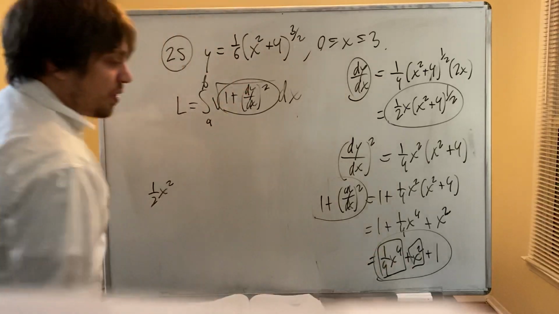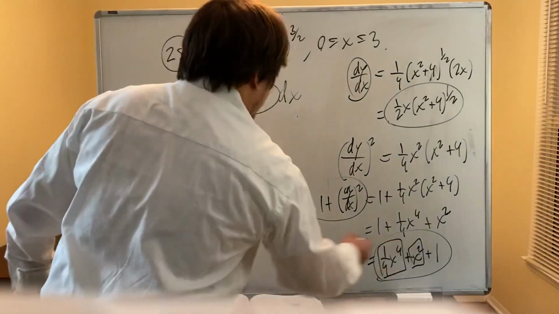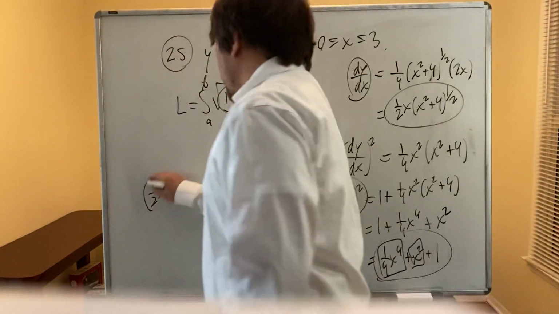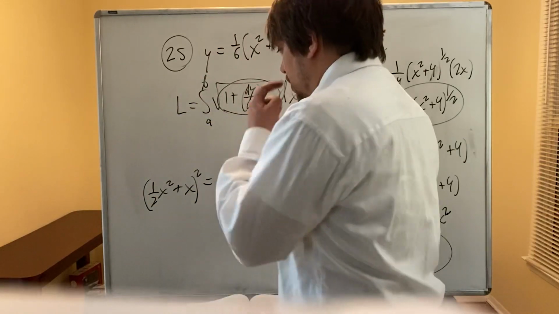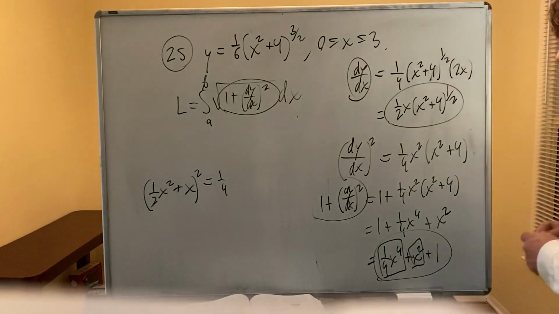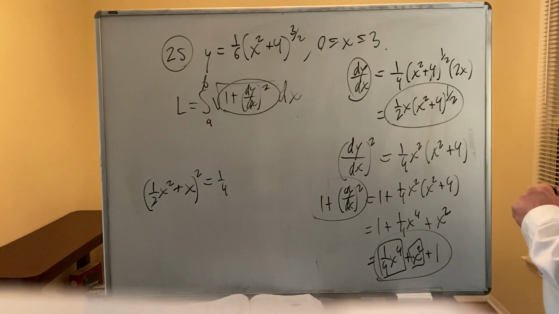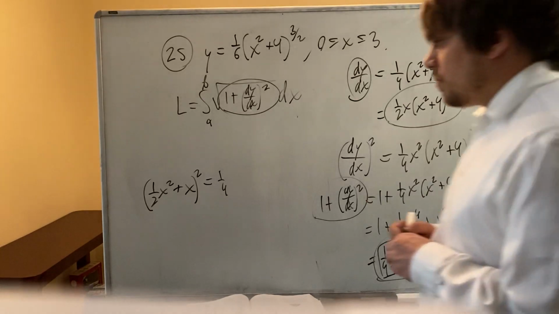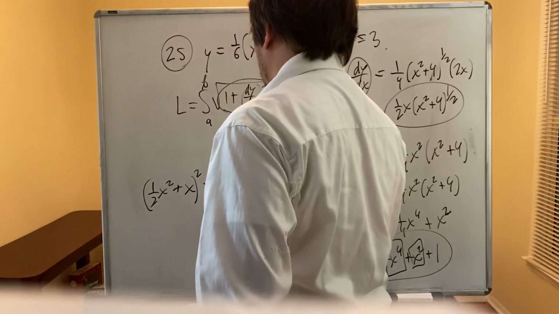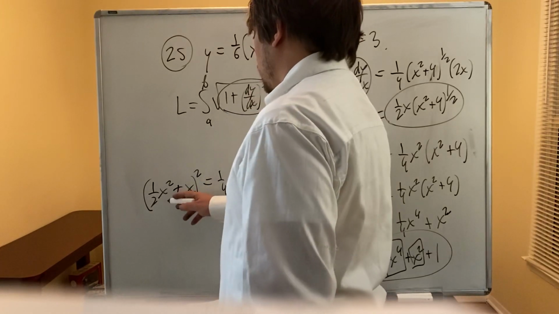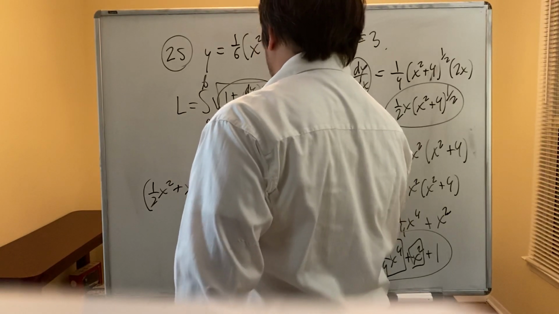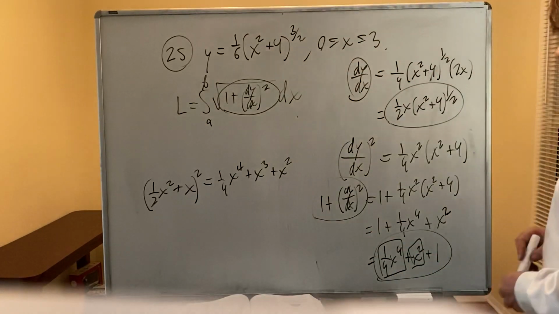What's the square root of 1/4 x to the 4th? It's 1/2 x squared. What's the square root of x squared? The positive square root, it's plus x. Take that and square it and see what you get. Taking that squared, you get 1/4 x to the 4th plus 1/2 x cubed plus 1/2 x cubed, which is just x cubed, plus x squared. It didn't work.